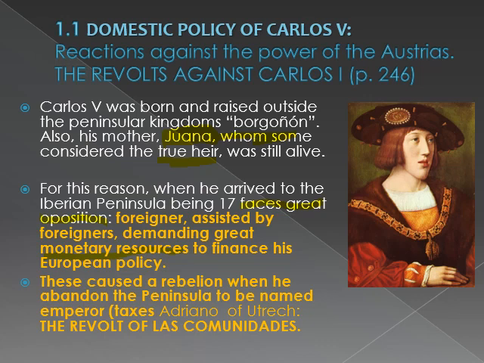The first thing he does is raising taxes to pay for his European policy interests, and the Castilians said, you are spending our money on things that are not of our concern. So when he abandons the Iberian Peninsula in 1519, leaving Adriano de Utrecht as regent, the revolt of the communities, la revuelta de las comunidades, is going to erupt.